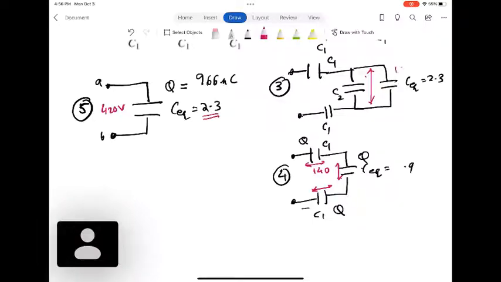Where should I write that? 140 volts. So both C2 and C equivalent have a potential difference of 140 volts. It's not very clear, so let me just write it over here. So this potential difference is 140 volts, as is this potential difference. They're both 140 volts.